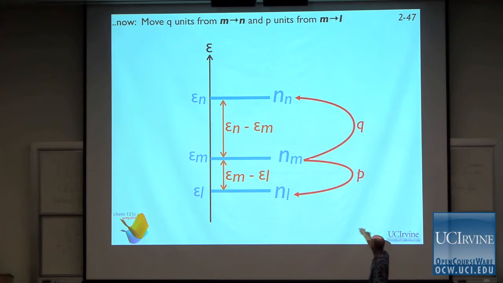We're moving some guys to lower energy and some to higher energy, so it's reasonable that you could maintain the same total energy, right? Yes? No, they're not supposed to be evenly spaced, but thank you for asking that question.